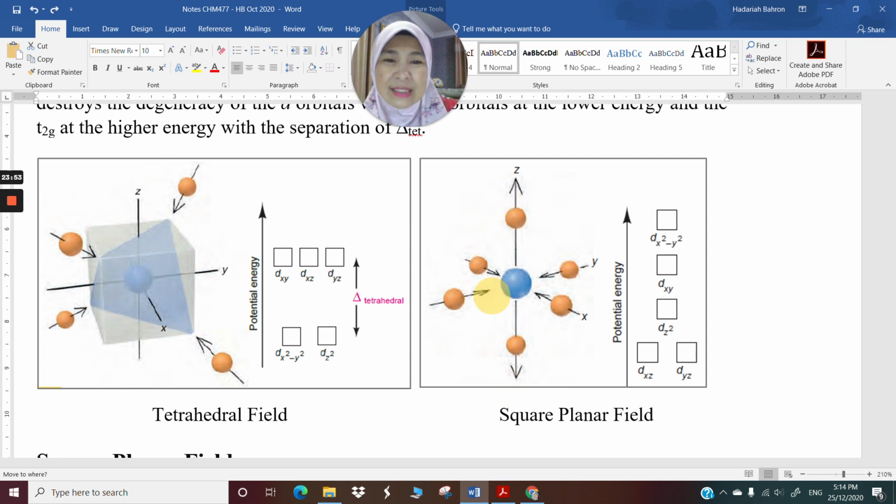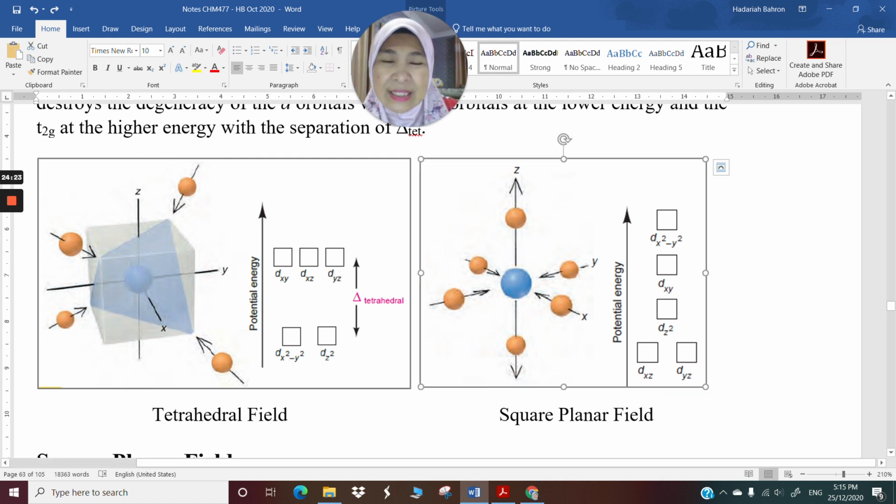You remove the ligands sitting on the z-axis, and you are going to be left with a square planar arrangement. So what happens when you remove the ligands that are located on the z-axis? Those orbitals that have something to do with z will become stabilized. That means there is nothing repelling them. So any orbital that has a z term in it will become stabilized. Stabilized means it becomes lower in energy.